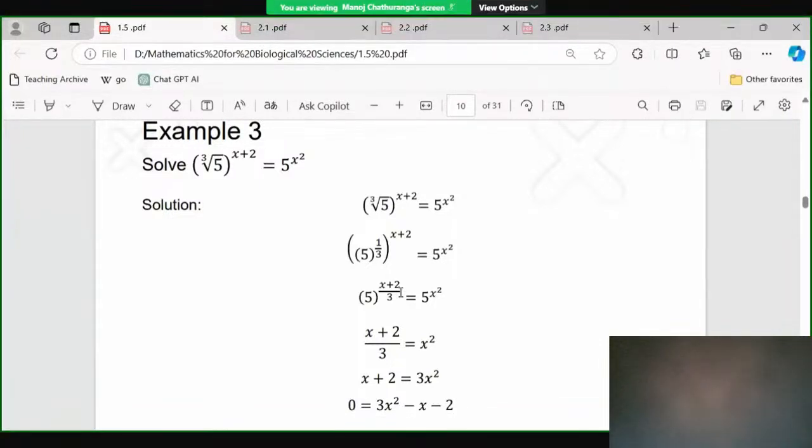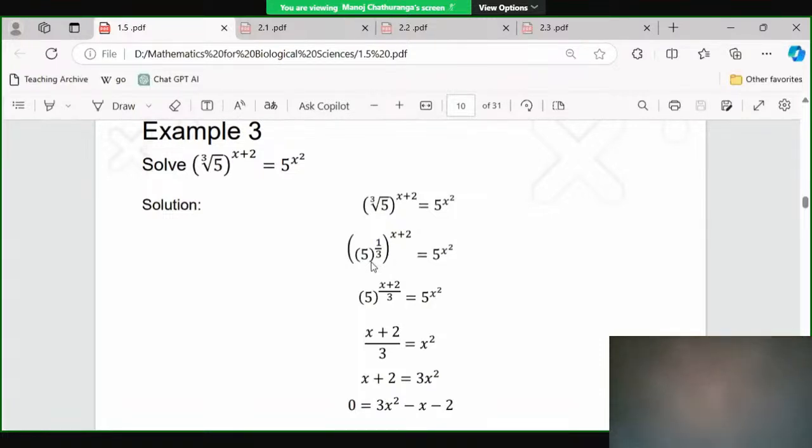Again, convert everything into the same base. The left hand side base is the cube root of 5. You can think of it as 5 to the power 1/3. So 5 to the power 1/3 raised to x plus 2.